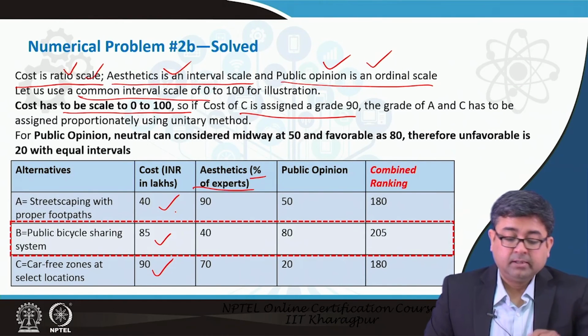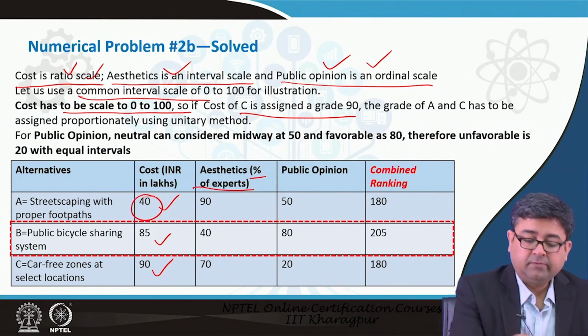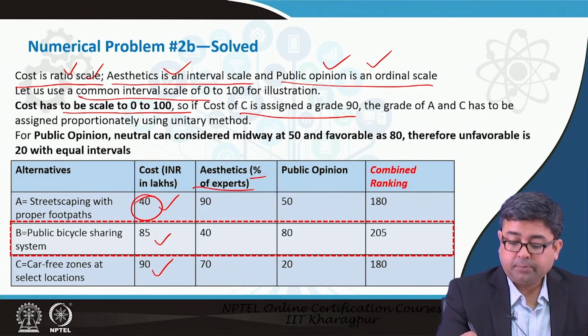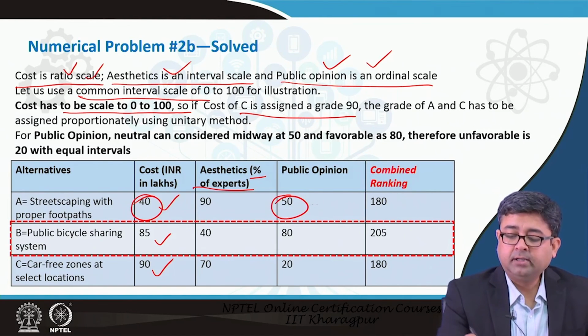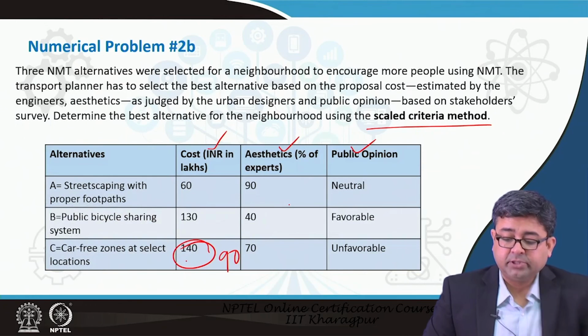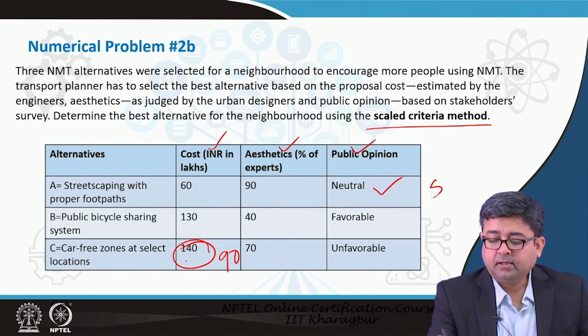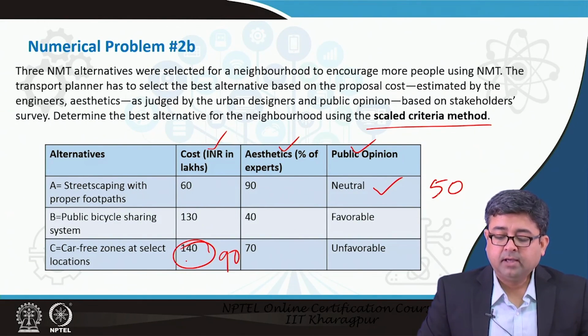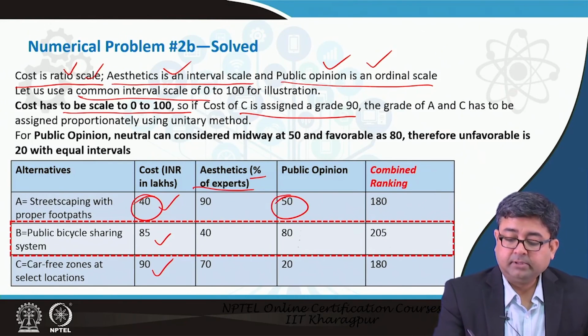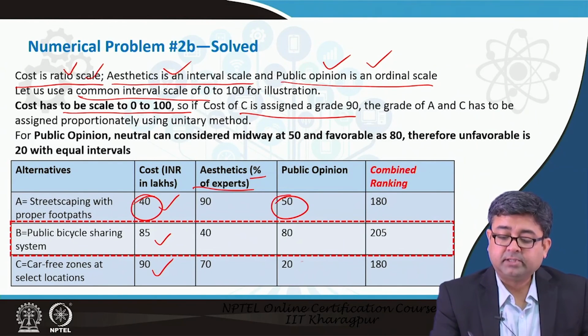Similarly, project A is 40. Now for public opinion, neutral may be given 50. On a scale of 0 to 100, if streetscaping is neutral, then we give it a score of 50, and then we say that the other 2 are equidistant from 50.